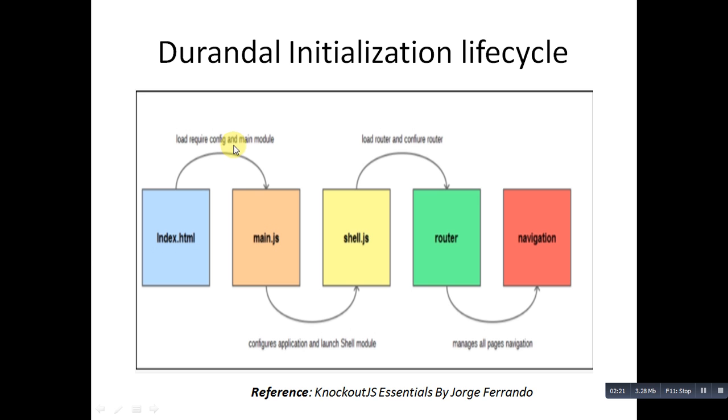So it loads this main module, main.js, which in turn will configure the application and launch the shell module. Then the shell module will load and configure the router, and then the router will manage the page applications.